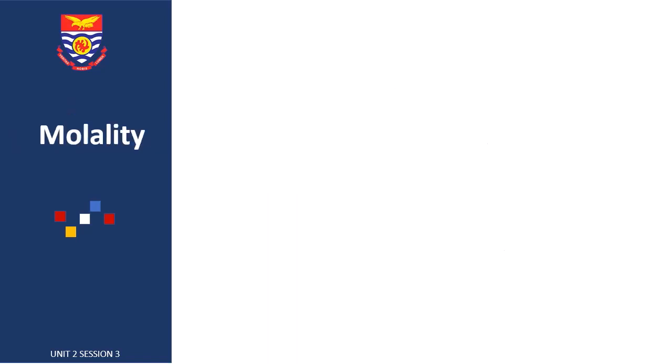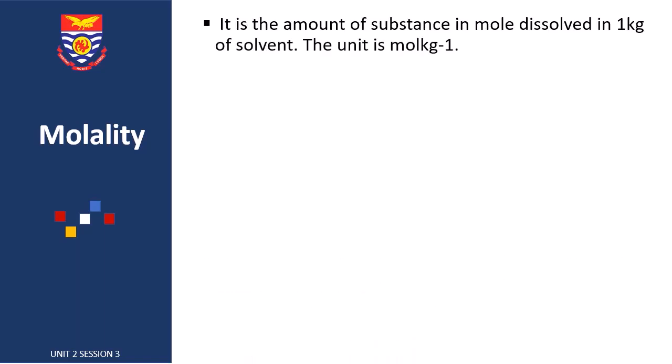The next to look at is molality. This is molality, not molarity. In molality, we are expressing the amount in moles, but then we are dissolving it in 1 kilogram of a solvent. This time round, not in decimeters cubed, but in kilograms.